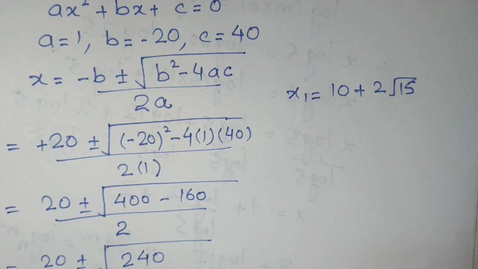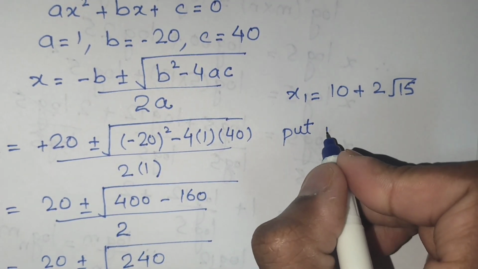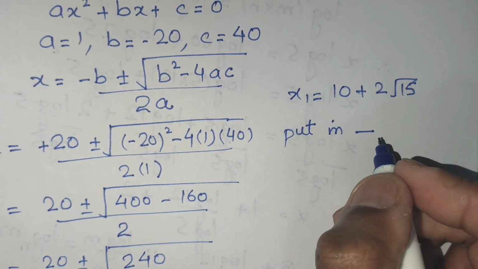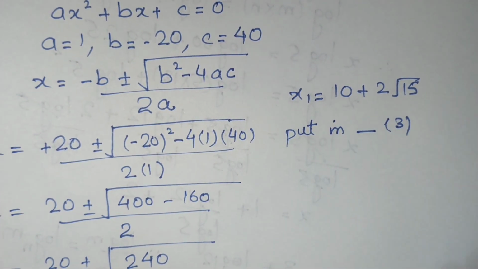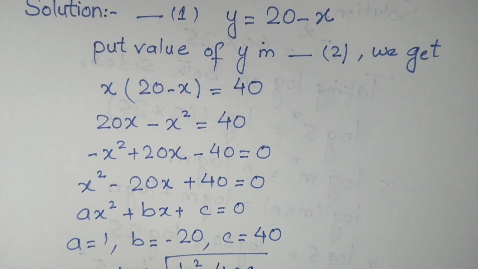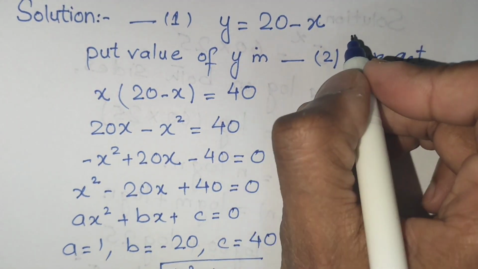now we will use this value of x1 to find the value of y1. We will put this value of x1 in equation 3 above. Here is y equals 20 minus x. This is equation 3.